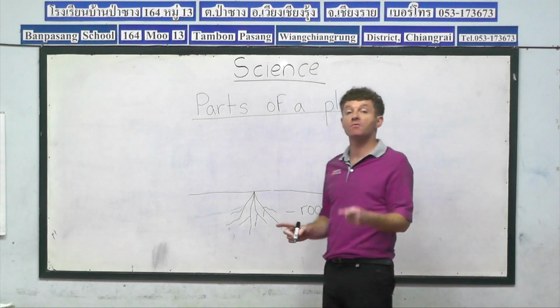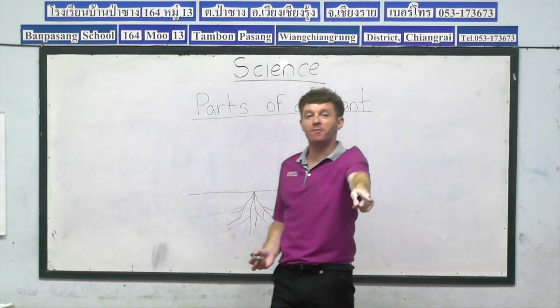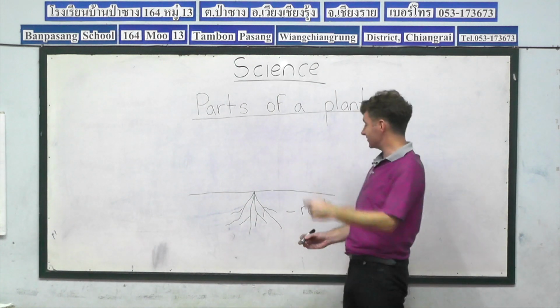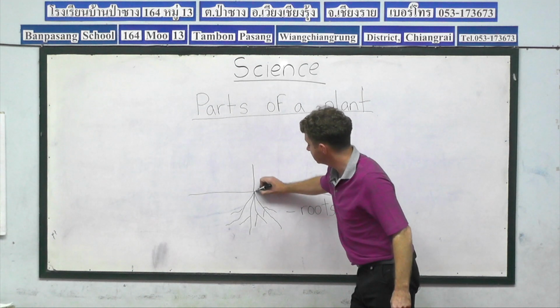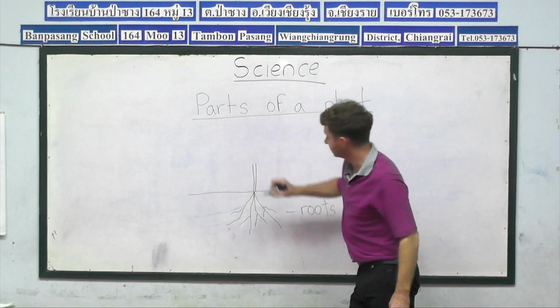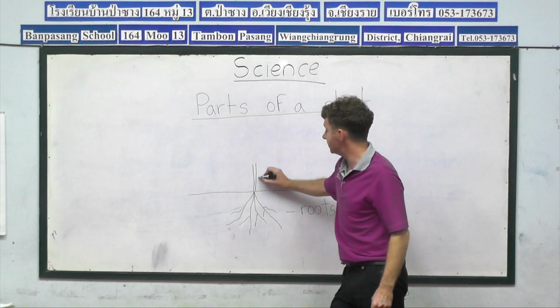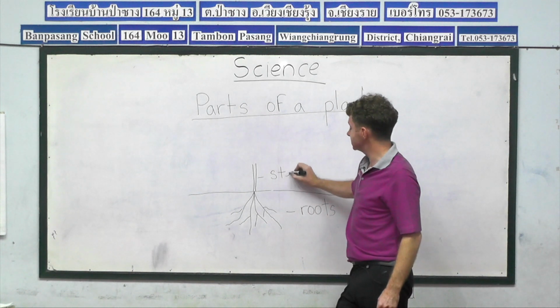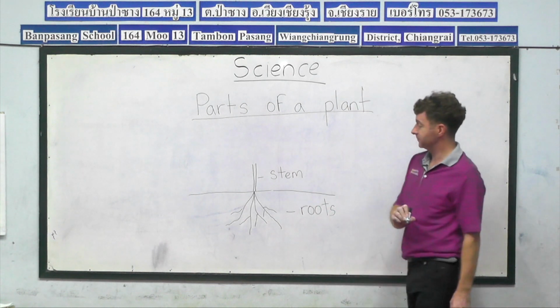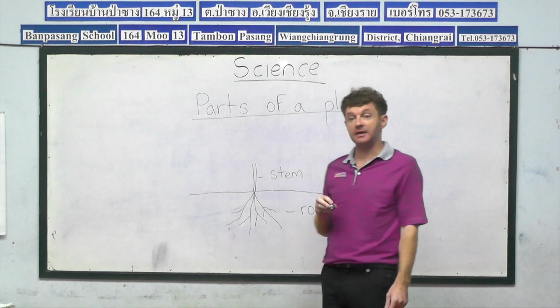Now, moving on from the roots, what was the main part of the plant that brings the flowers? Excellent. So we've got a main shoot here coming out of the ground. This is the stem. And how do we spell stem? S-T-E-M.